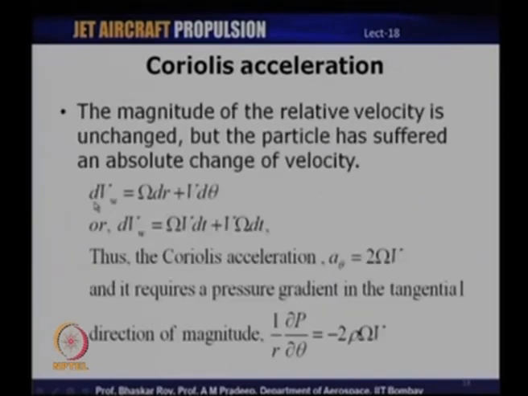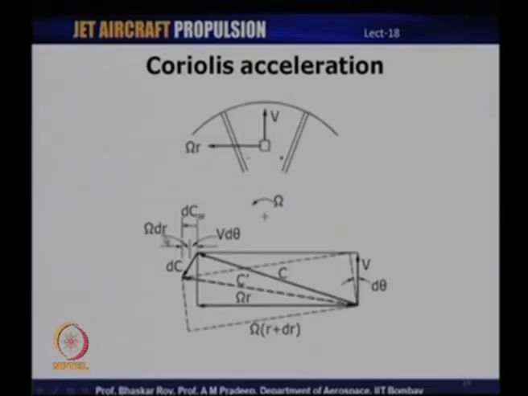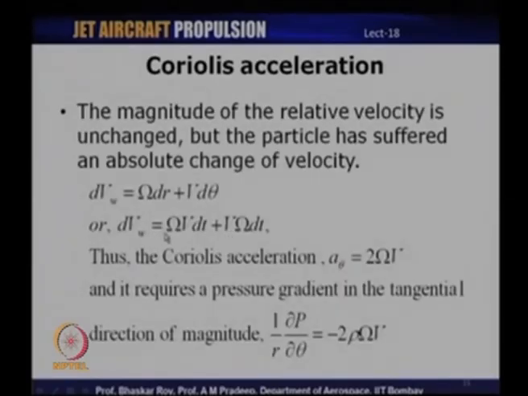So, the component of velocity, that is dvw, the component in the tangential direction, is basically equal to omega times dr plus v times d theta. That is what is shown here, omega times dr and v times d theta. So, that is basically equal to omega times v dt plus v into omega dt.